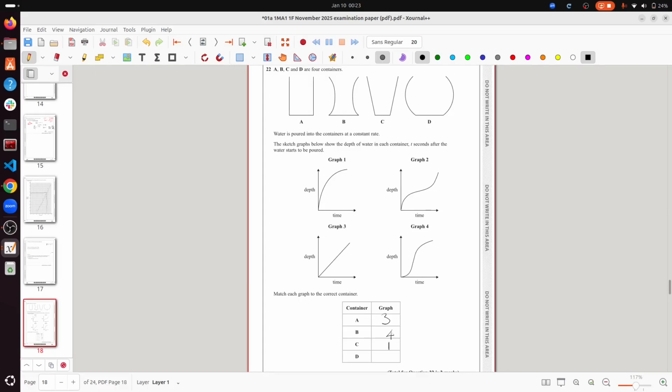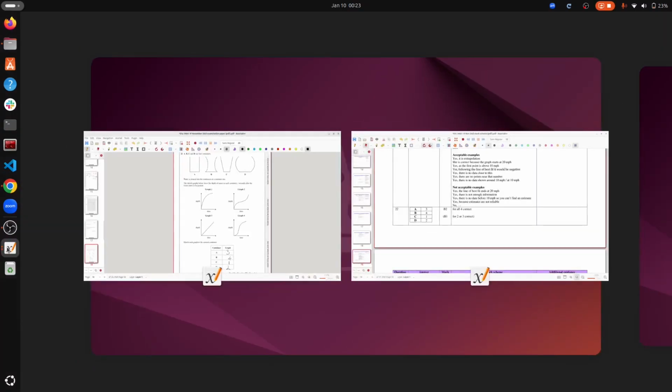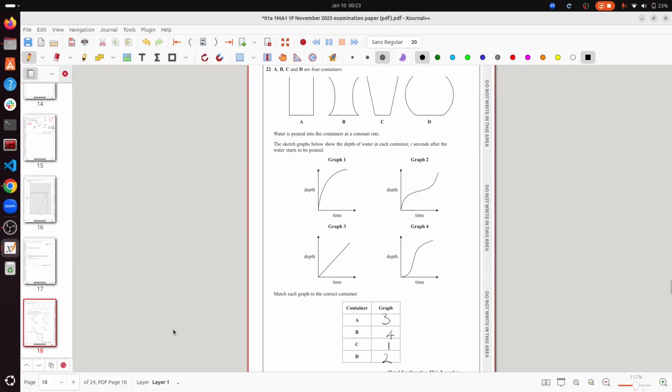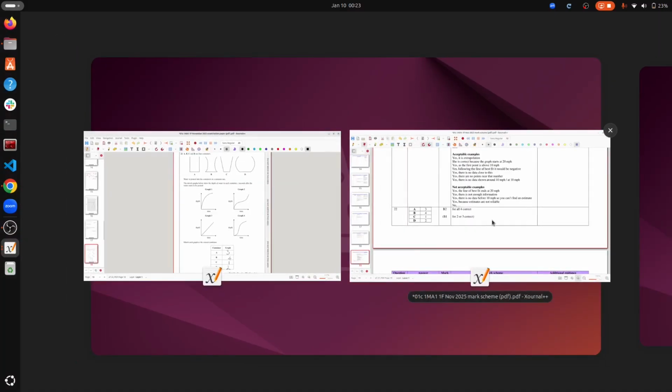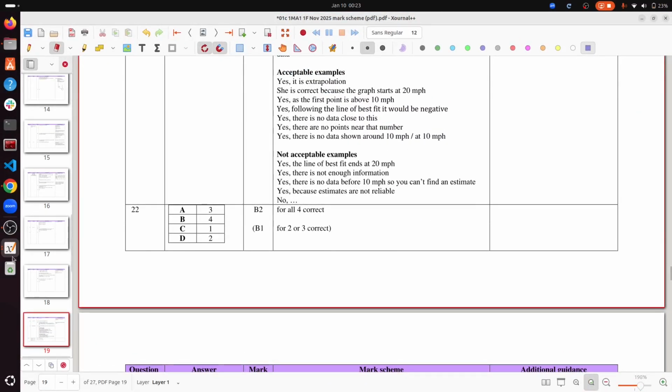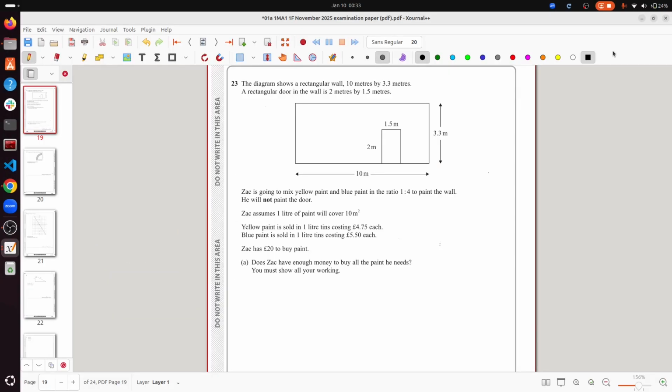And lastly, we have 2. Checking our mark scheme, what we had was 3, 4, 1, 2. We have 3, 4, 1, 2. So that's correct.